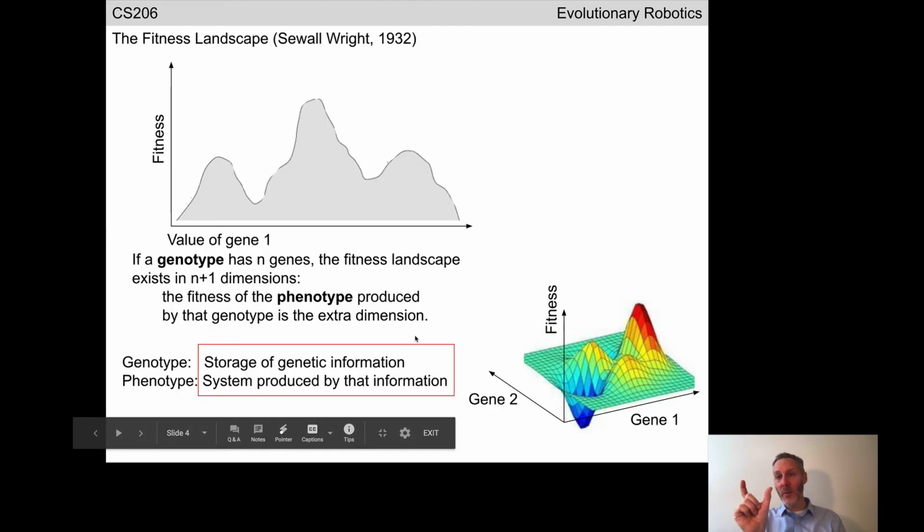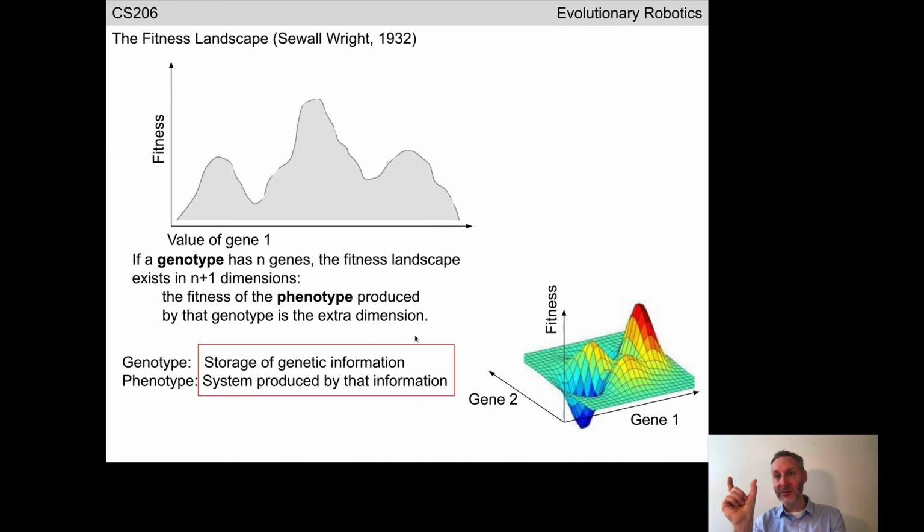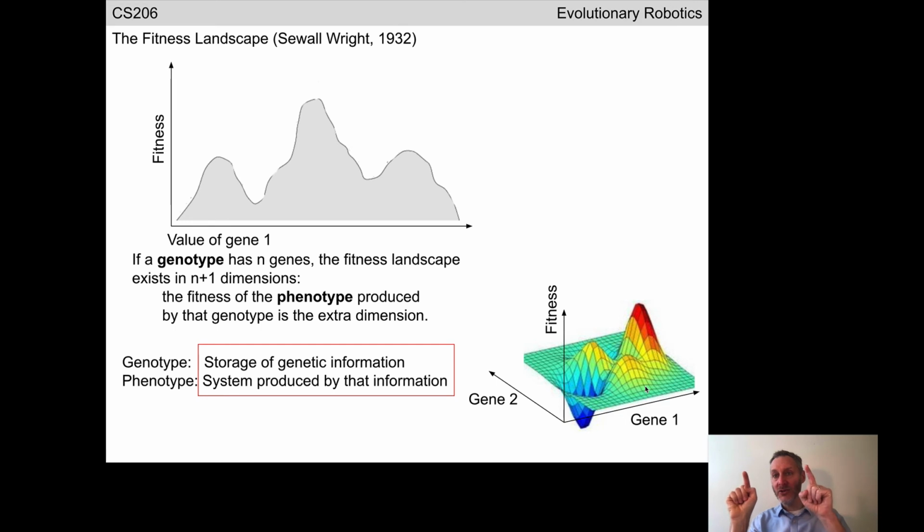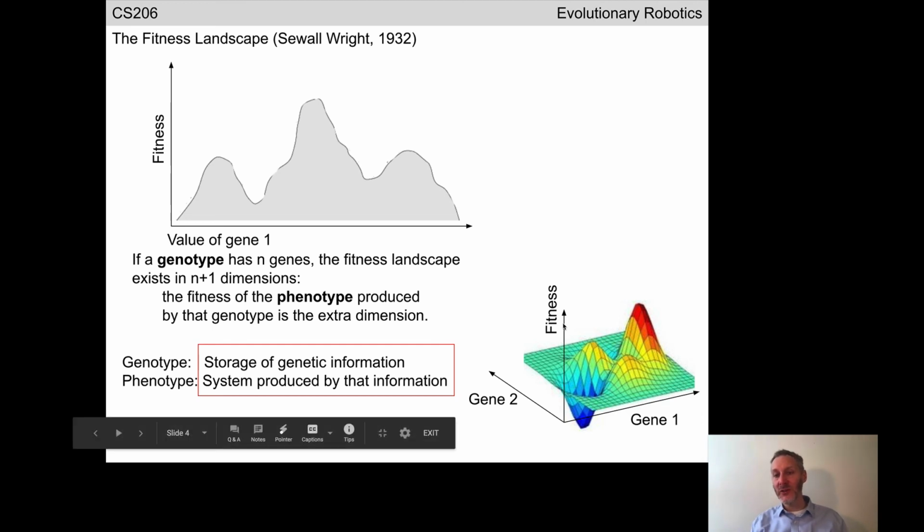So think about all possible 2-element long vectors. If we take a given vector with a given pair of floating point values, we can treat those 2 floating point values as position in horizontal space along these two axes. If we go to that horizontal position, we take those 2 weights, we label the synapses in the Braitenberg vehicle, we let the Braitenberg vehicle do its thing, and we measure its fitness.